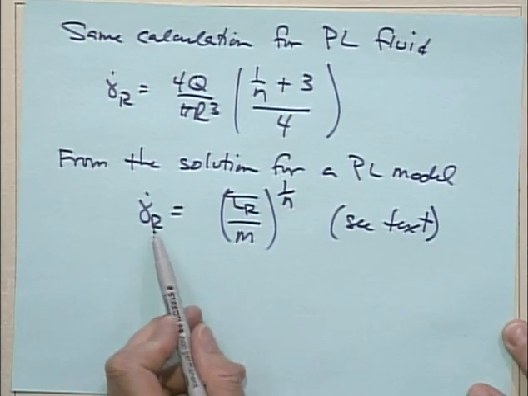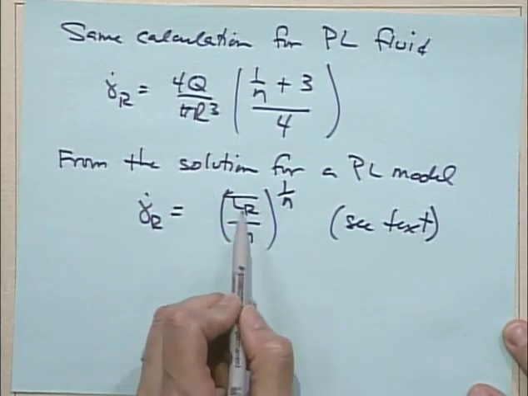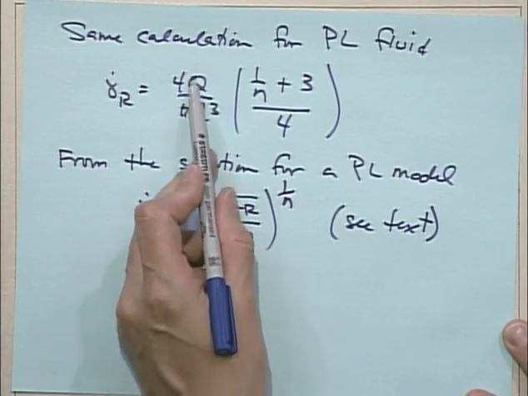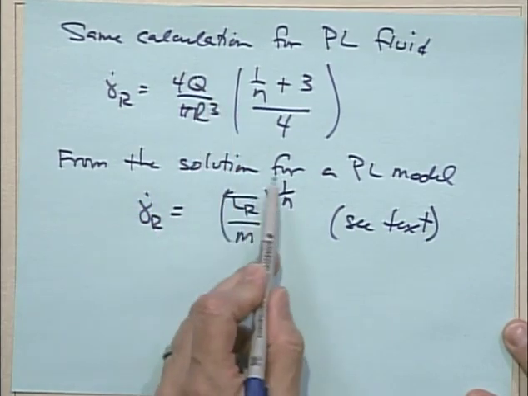The relationship between this and this is the relationship between Q and pressure drop. So if we put the result for flow rate versus pressure drop in here and rearrange, we get this quantity.